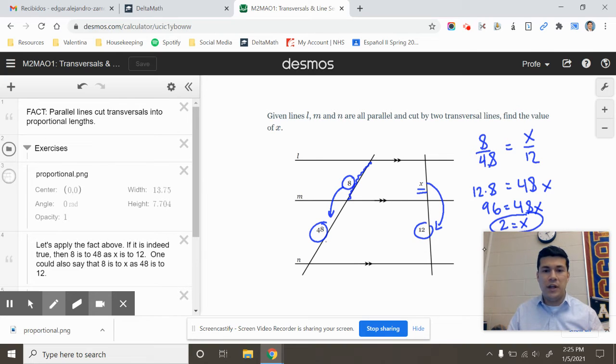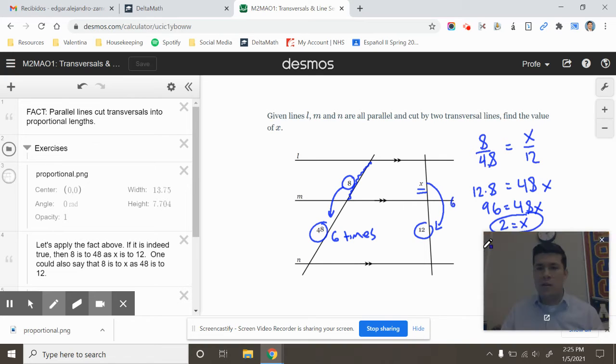Some might say, well, 48 is 40 units larger than 8. But a better answer is, well, 48 is 6 times the value of 8. Well, that means that whatever my value for X is, 6 times that value will be 12. Well, what number times 6 gives me 12? The number 2. So you see, the relationship makes sense.